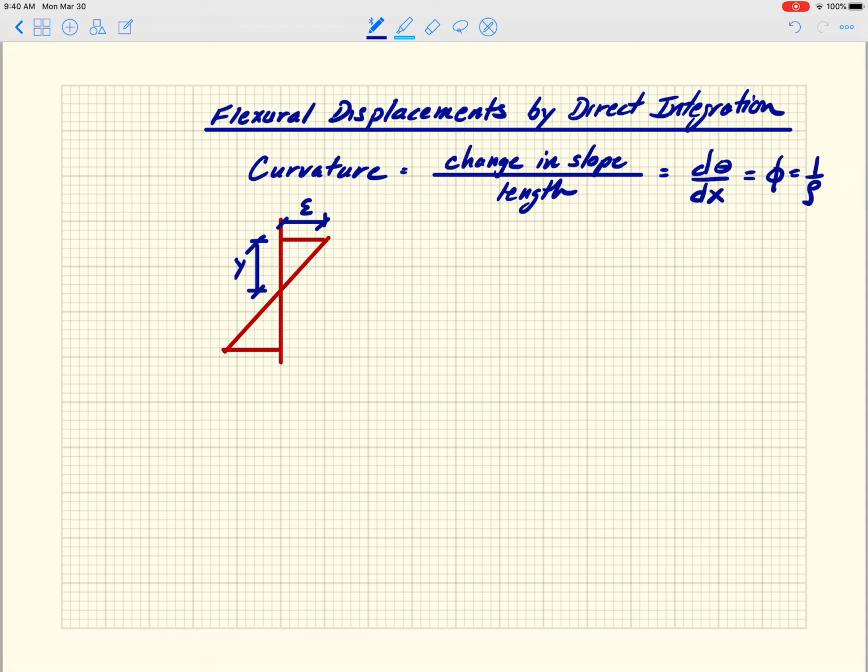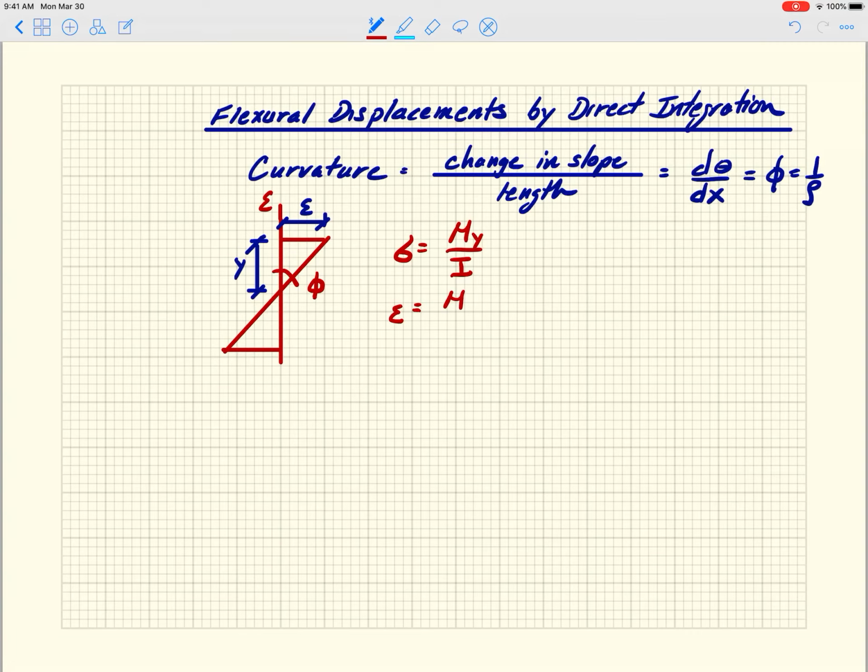Okay, so this is strain and this is position. This is the strain diagram, right? So curvature is also equal to that slope, right? We also said that curvature is the slope of the strain diagram. So if you remember when we solved for the stress within a flexural member, it was sigma equals My over I, right?